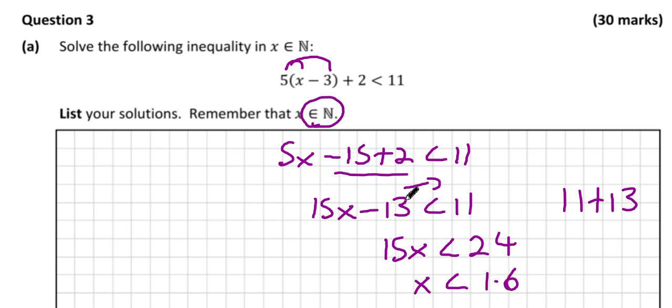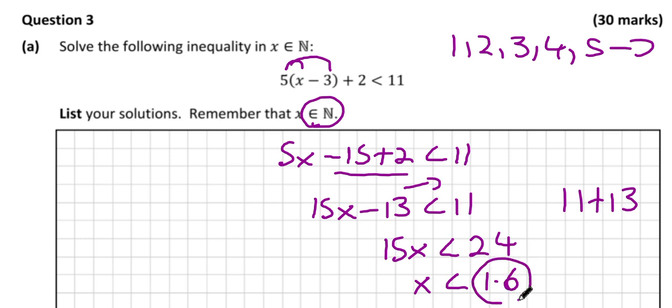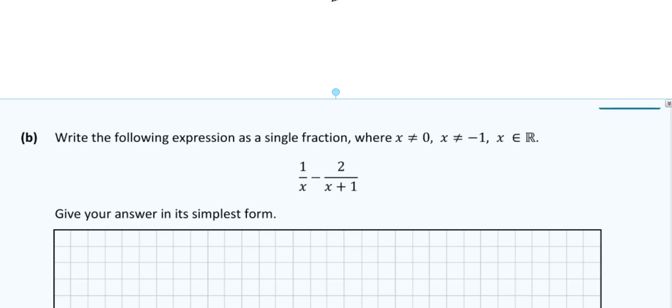They can't be zero. So what's the only number that's smaller than 1.6 that's a natural number? So natural numbers are 1, 2, 3, 4, 5, all the way up. What is the only number that's smaller than 1.6? 1. So the answer is x equals 1.